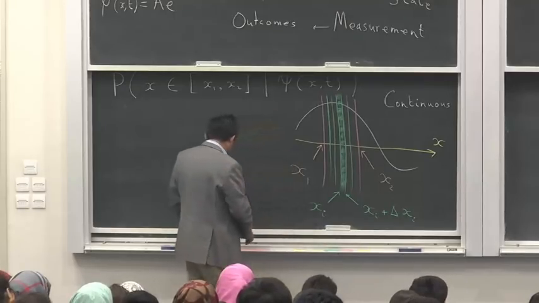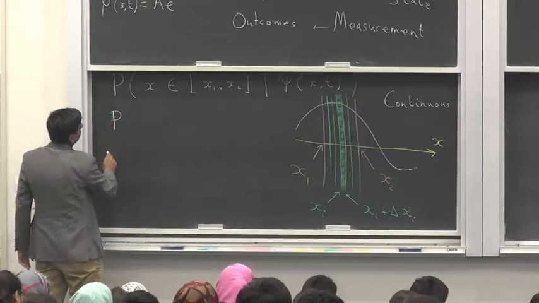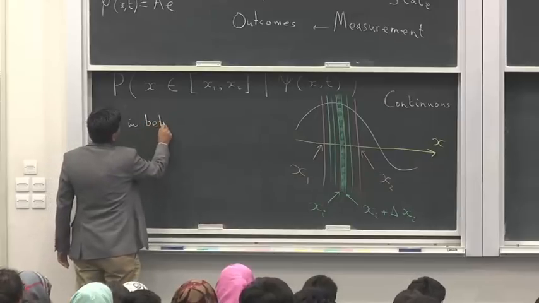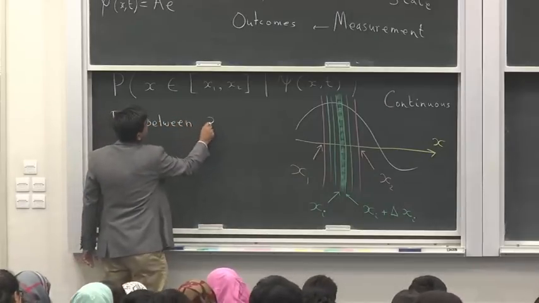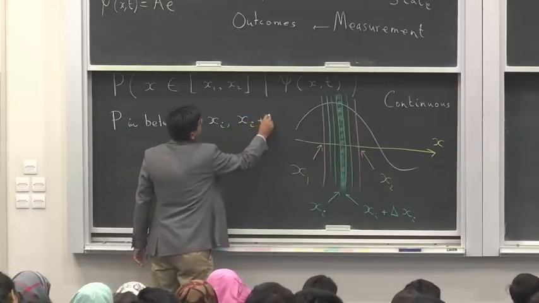Okay? So now the probability of finding the particle between xi and xi plus delta xi.